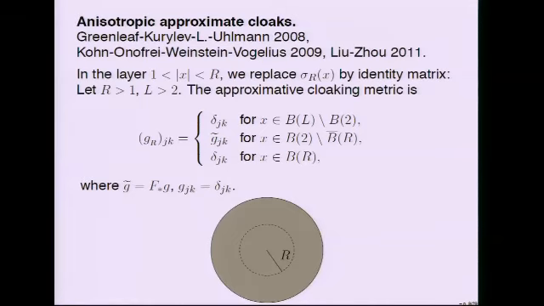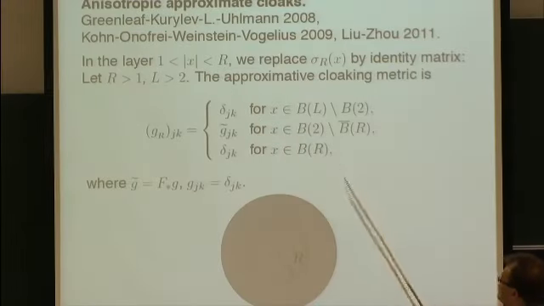So how do we do the approximative cloak? We just take the singular cloak, where the material becomes singular, and replace the layer where the radial parameter goes from 1 to r, where r is close to 1, by Euclidean space. So we just remove the material that is singular, or close to singular, and put Euclidean space there.